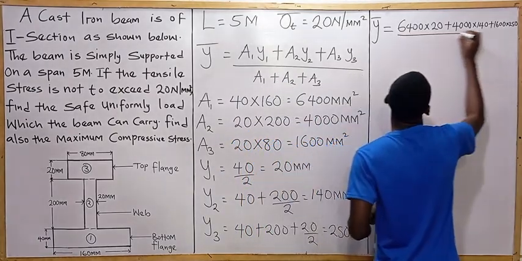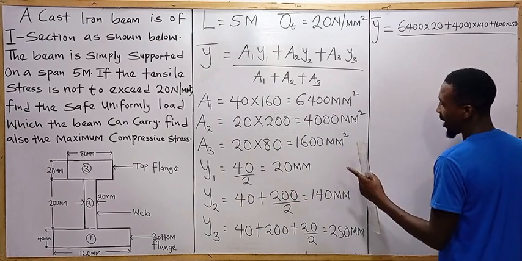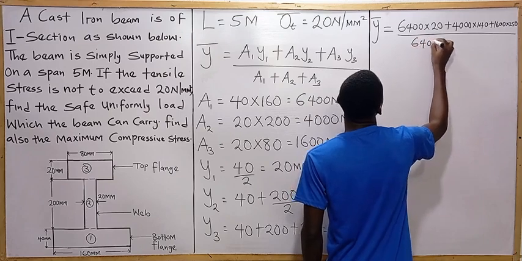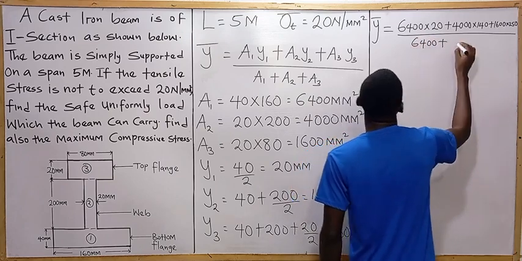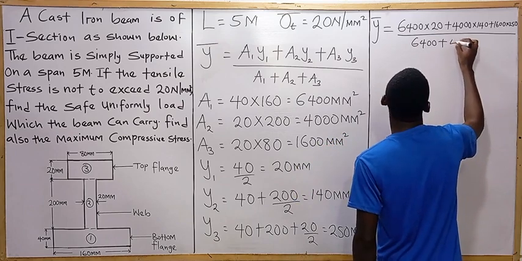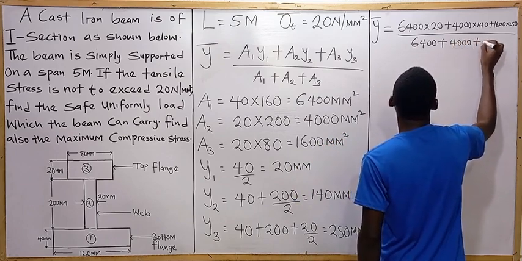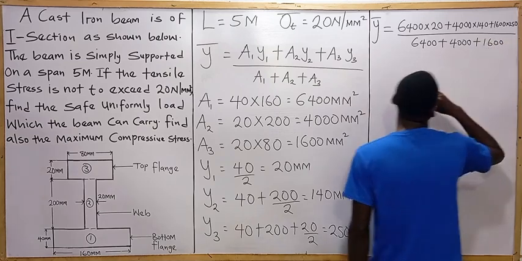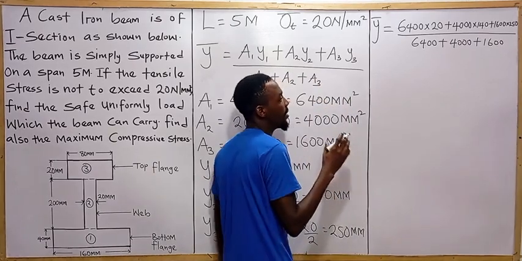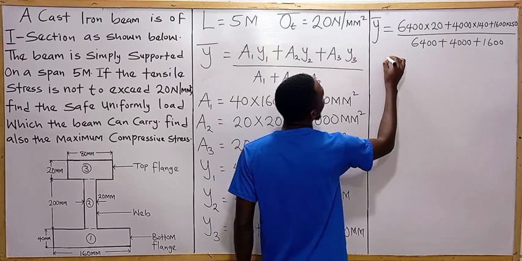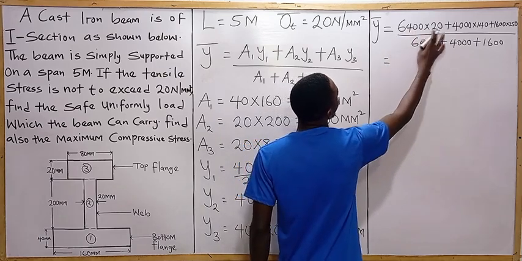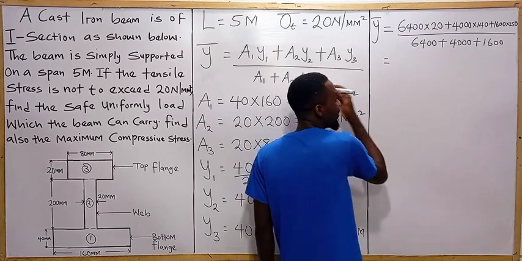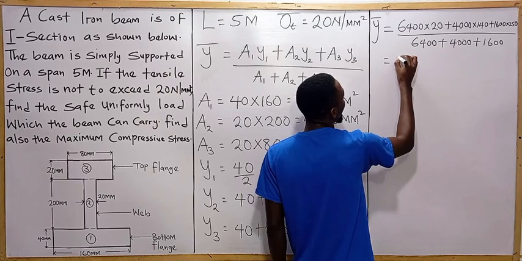All right. So our A1 is 6,400 plus A2, which is 4,000, then plus A3, which is 1,600. If you press your calculator now, 6,400 multiplied by 20 is going to give us 12,800.